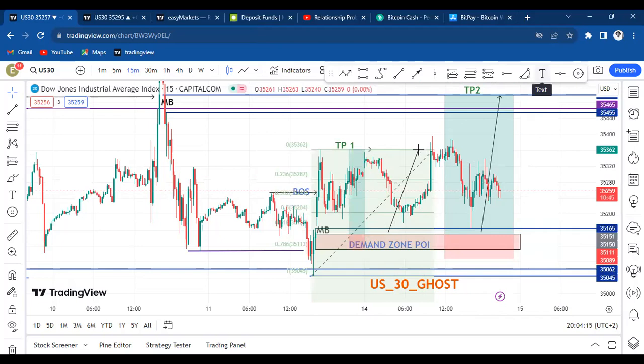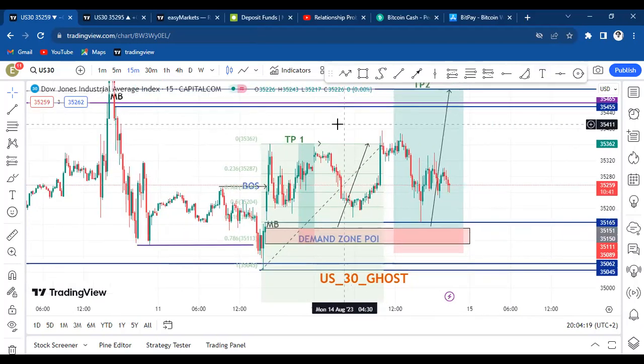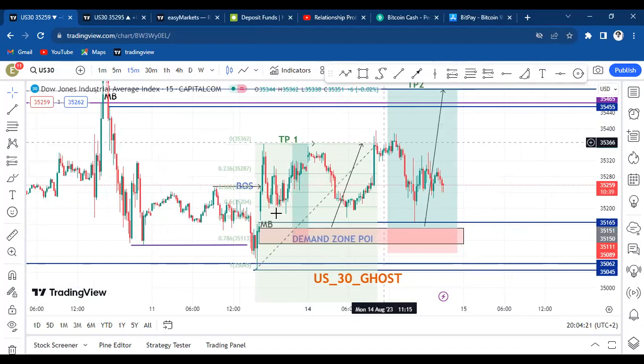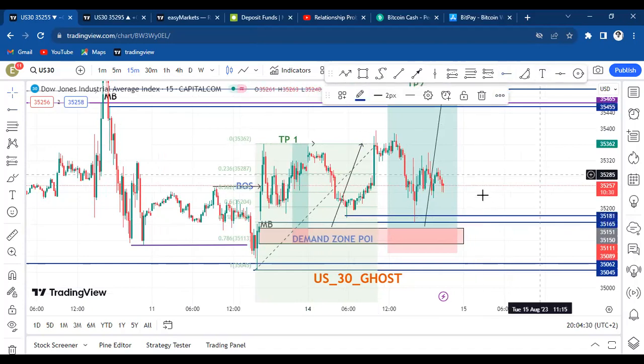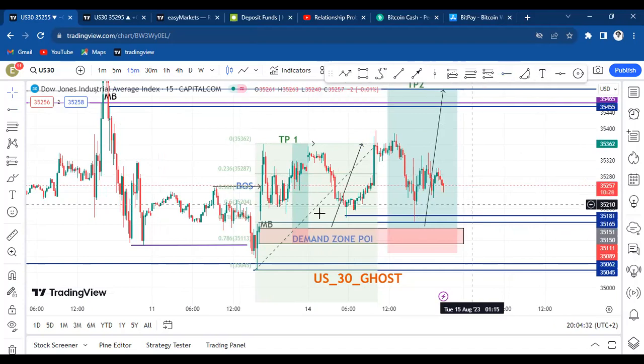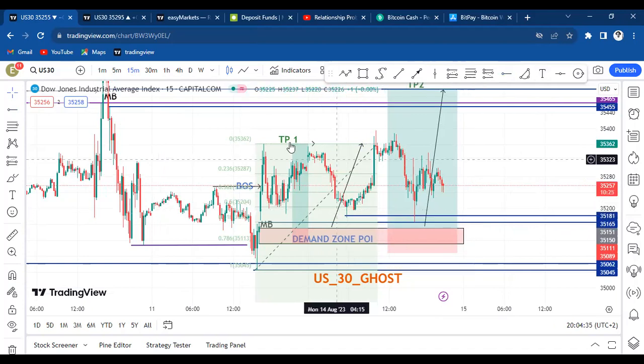So as I said, guys, learn to mark your imbalances. As you can see, when the price came here, it used this as liquidity. So if you had bought the market here, you would still catch your take profit.